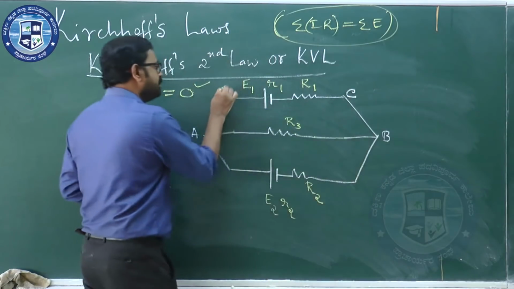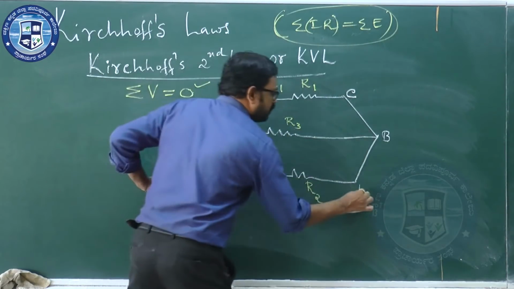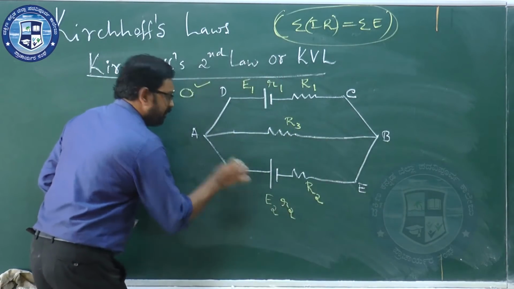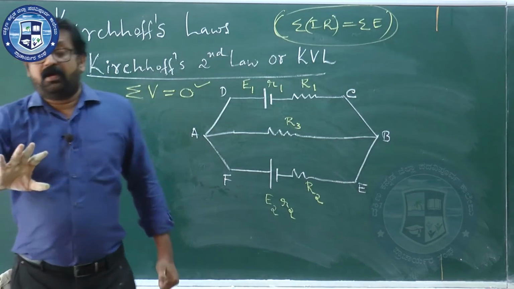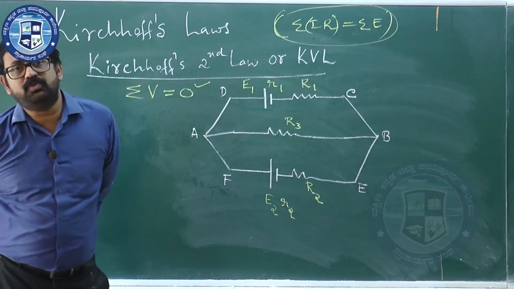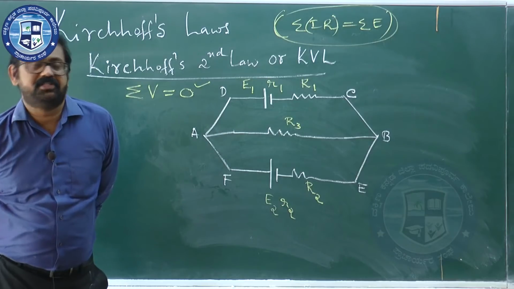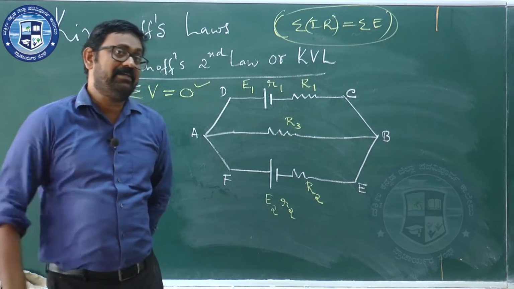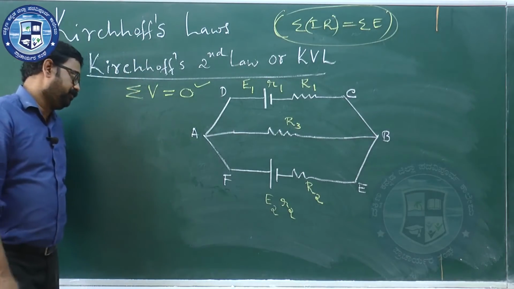Let us say A, B, C, D. This corner let it be E and this corner let it be F. I said I am explaining to you how to apply Kirchhoff's voltage law and the sign convention which you are supposed to follow.